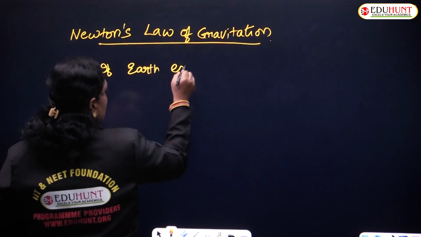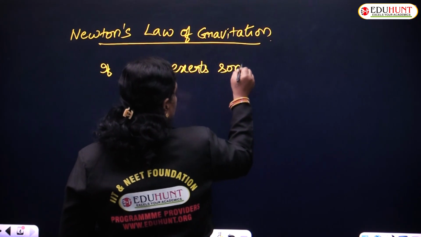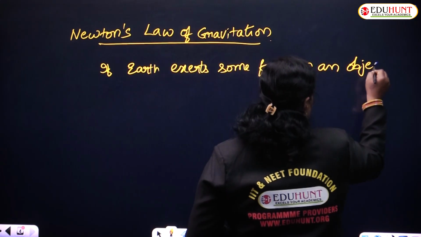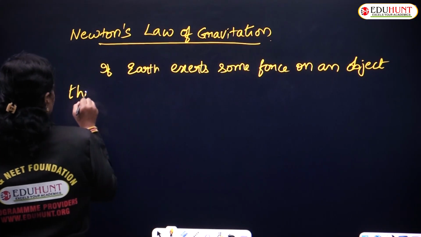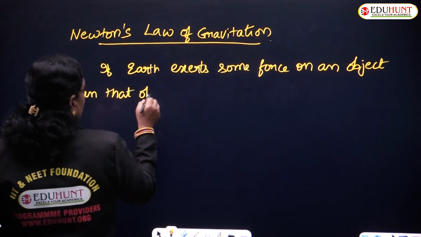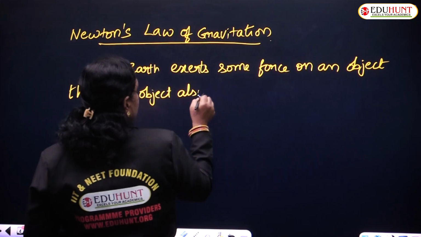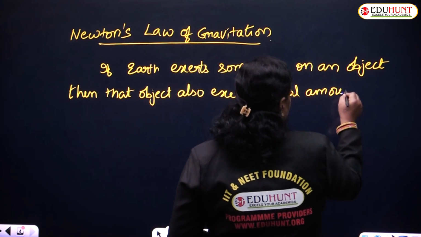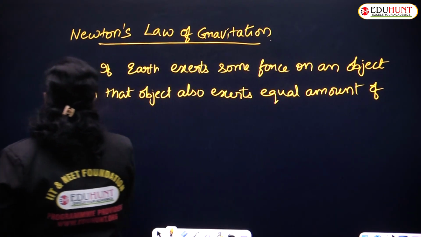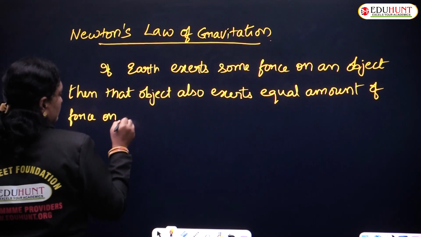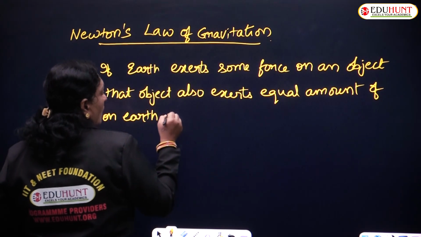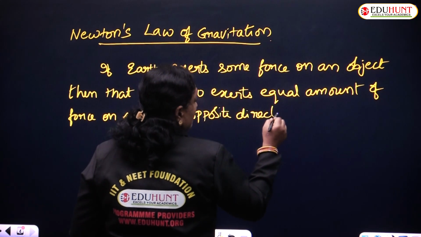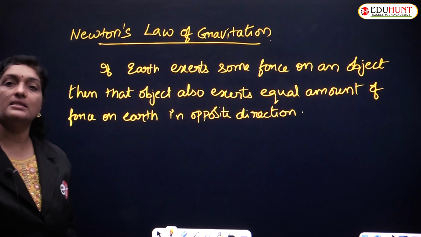If Earth exerts some force on an object, then that object also exerts equal amount of force on Earth but in opposite direction. This is in accordance with Newton's third law.